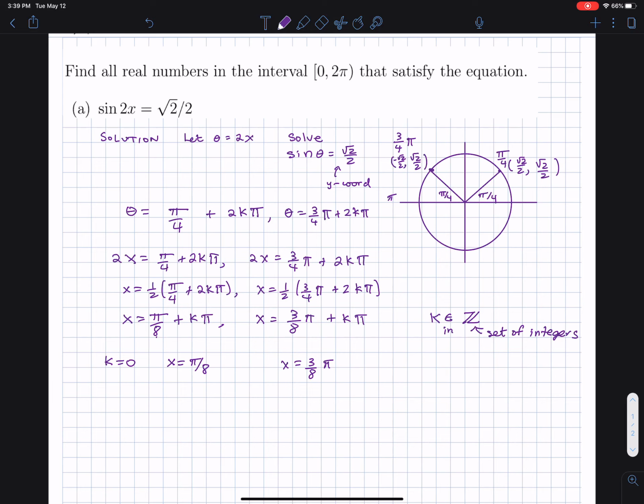So if I put k as -1, I'll get a value for x less than 0, and that's not what we want. And then if I try k equals 1, I'm going to get pi over 8 plus pi, which is a little bit of trouble because I have to get a common denominator. And I did it wrong right there. Okay, there I got it right.